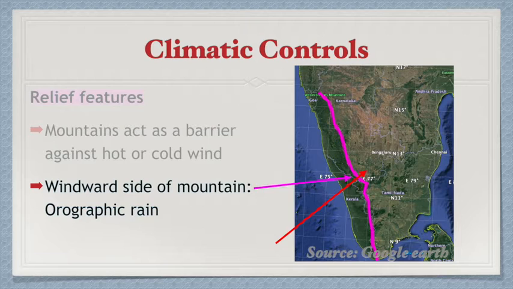Next, Western Ghats. The windward side of the mountain receives higher rainfall, whereas the leeward side of the mountain is a rain shadow region, which receives lesser rainfall. The rainfall received due to a mountainous physical feature is called orographic rain.